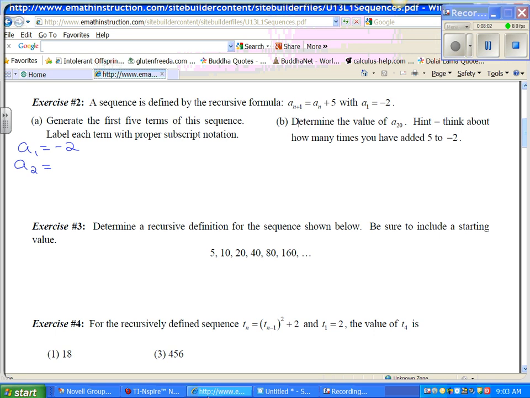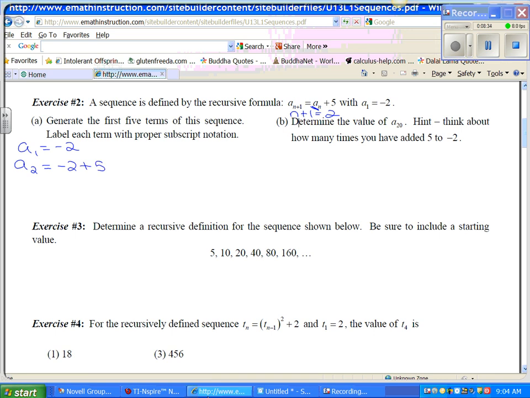What's n if I'm looking for a sub 2? That n plus 1 is now 2, so n is 1. So it's a sub 1 plus 5. What's a sub 1? -2 plus 5.